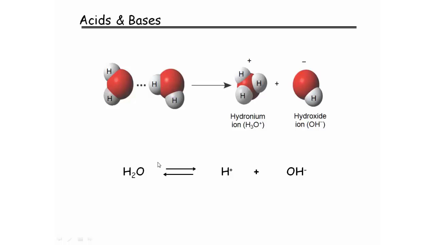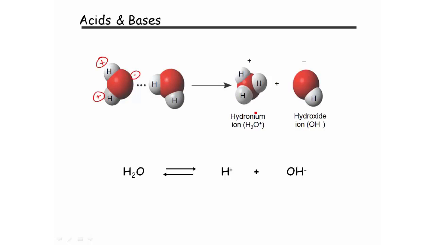Now keep in mind that water molecules are always polar. We have one end that's going to be a little bit negative, and the hydrogen ends that are going to be a little bit positive due to that polar covalent bond. If we have extra hydrogens floating around, they could get stuck on to that negative oxygen end.